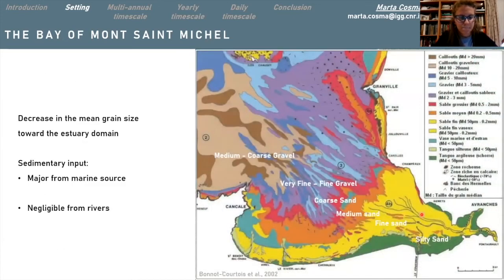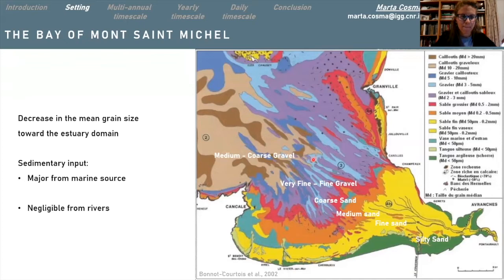The bay shows a decrease in the mean grain size on the bottom toward the estuarine domain. In the outer portion of the bay, you can find medium to coarse gravel, while toward the inner portion of the bay, you have just silt and sand.